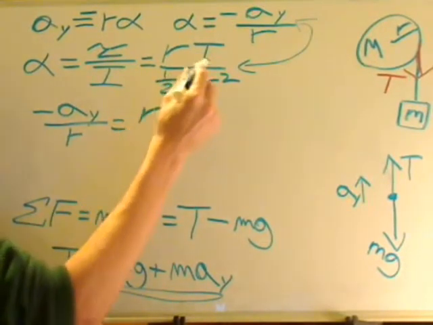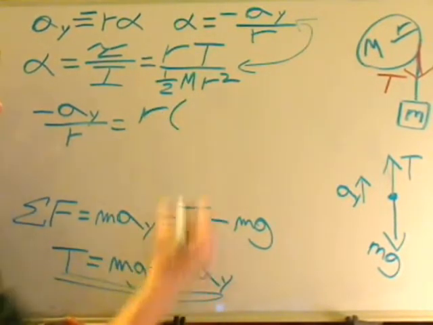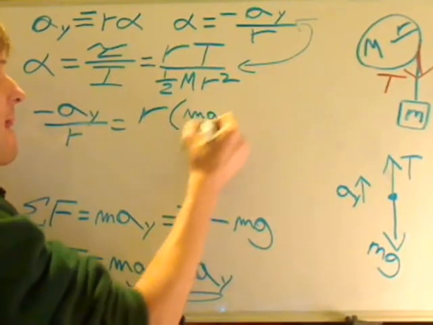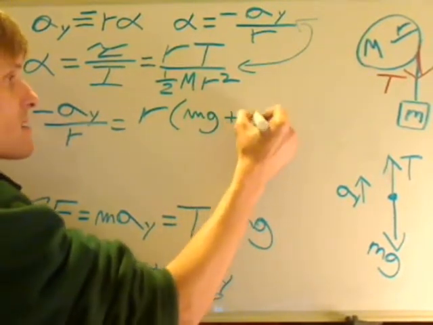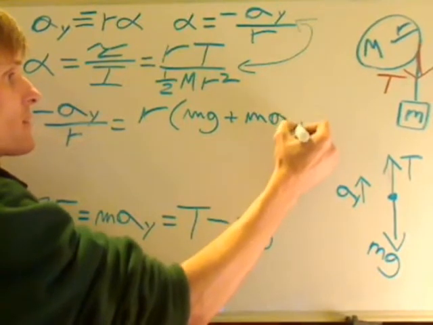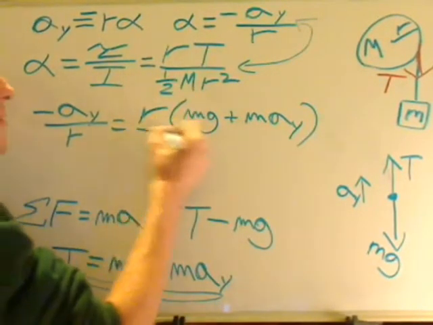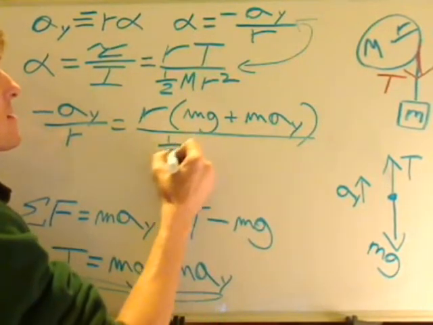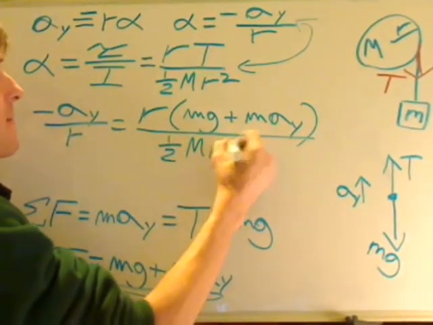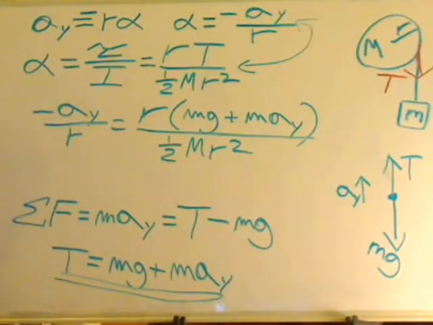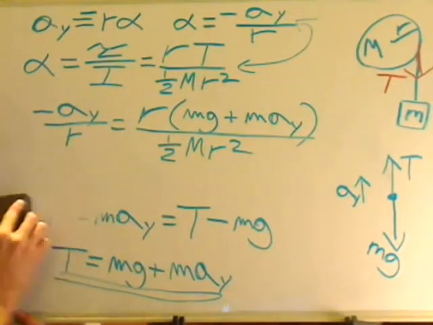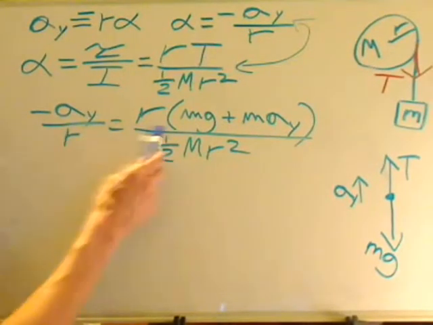So let's plug that in here for tension: r times (mg plus mass times y acceleration) divided by 1/2 Mr squared. And since this is being recorded on video, you can always step back and look at this if you need to. I'm just going to erase this stuff. So there's our expression here.